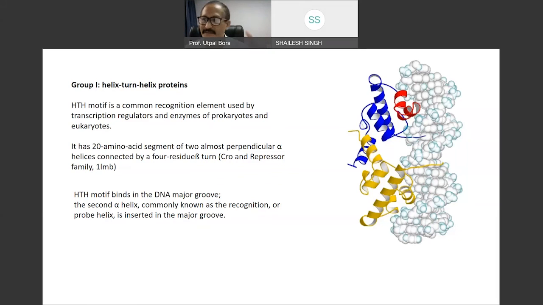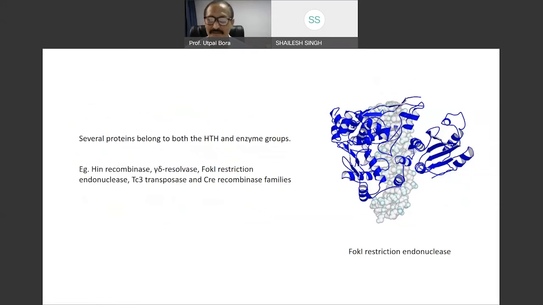And HTH motif specifically binds to the DNA major groove. And the second alpha helix, commonly known as the recognition helix or the probe helix, is inserted in a major groove. Here, if you go to the original paper, you will find they are depicting this red portion as the portion which is binding to the major groove.